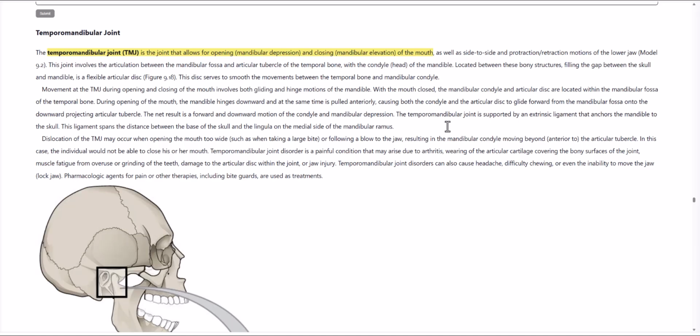You can move your bottom jaw side to side and you can also stick your mandible out and pull it back. And so the TMJ is an extremely mobile joint. Lots of movement. And in addition to the regular articulating cartilage, there is another piece of articular disc in here that is going to be a part of this structure when we look at it a little bit more carefully.